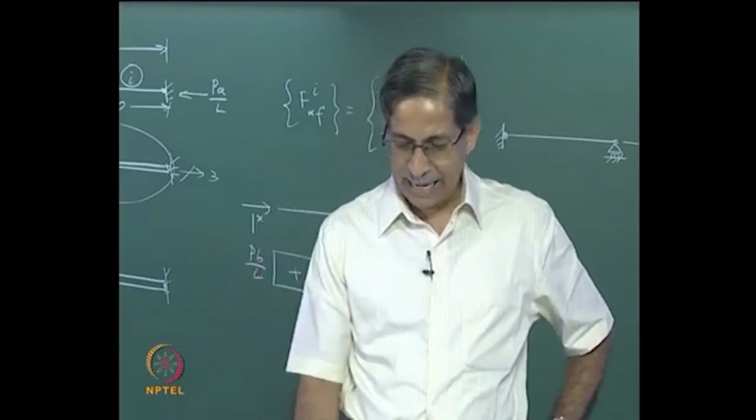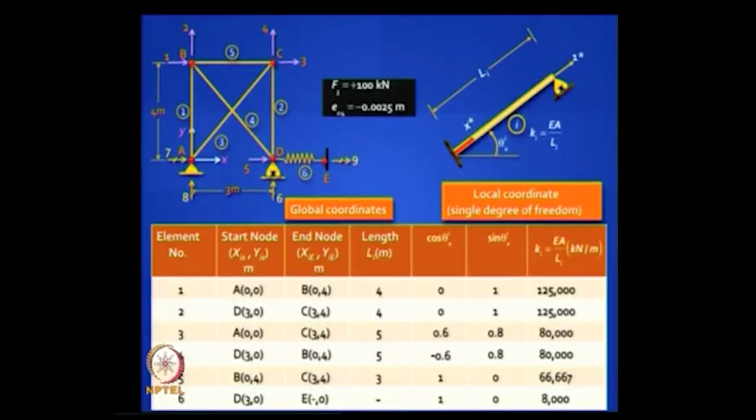Well, maybe it will help us if we make a small table, right. This is especially useful when you have large trusses, but in this problem you could have directly done it. So, this is a conventional style. Identify the element number, the start node, give it some coordinates, the end node, the length of the element, and cos theta can be easily written as, you know that, x end node minus x start node divided by length of the element.